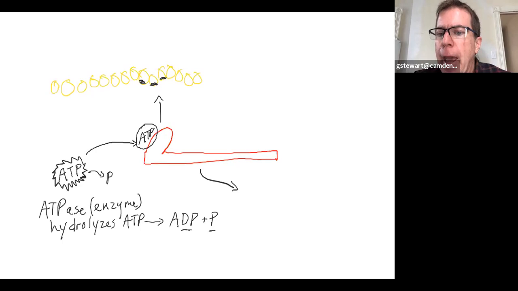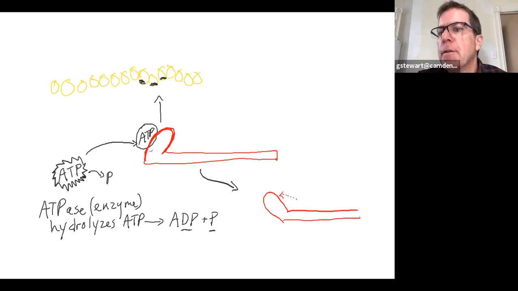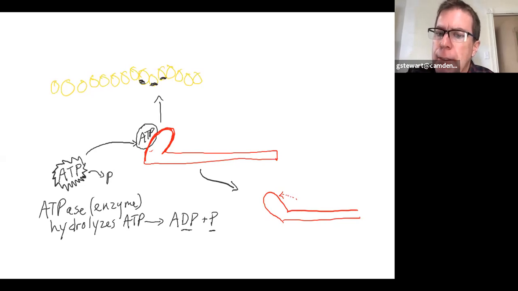When that splitting happens, the head of the myosin molecule goes from this position to this position. So we've moved it this direction, and the ADP and P are still attached to the head. The energy is like cocking a gun.